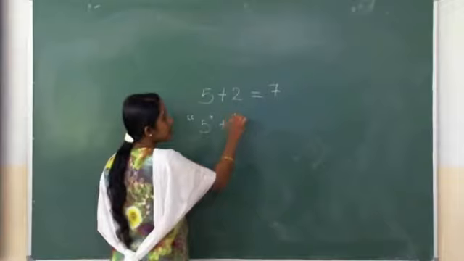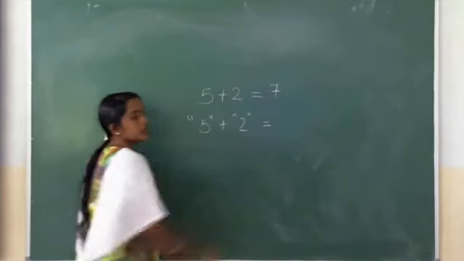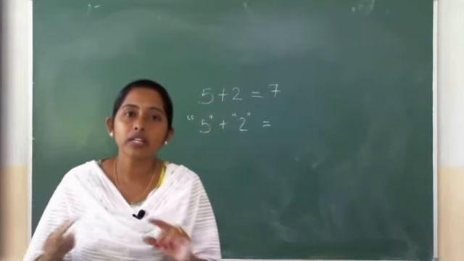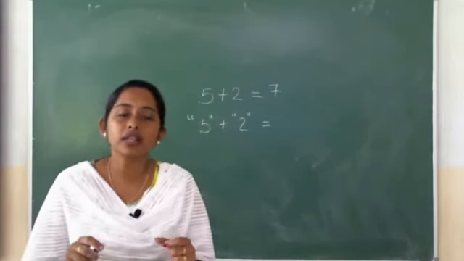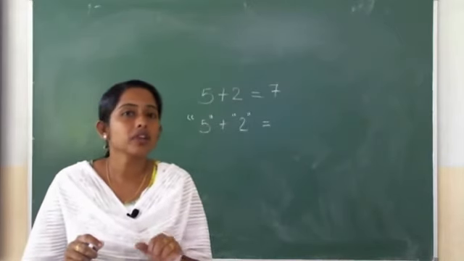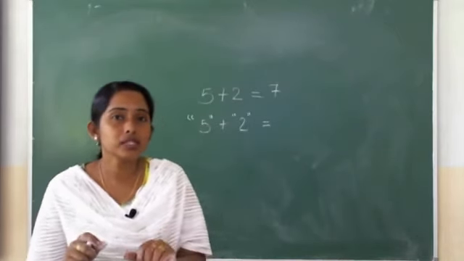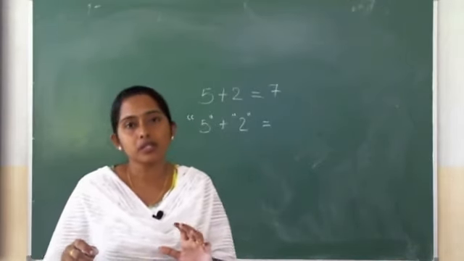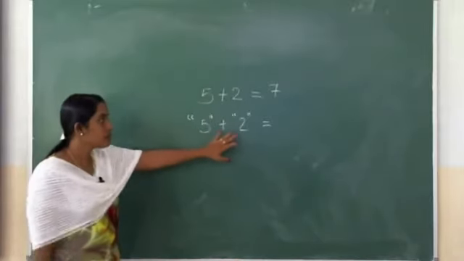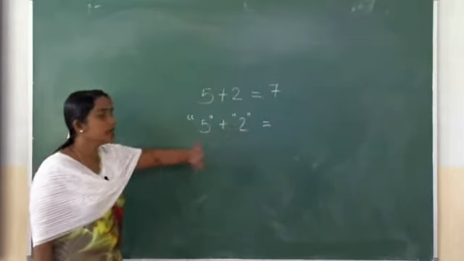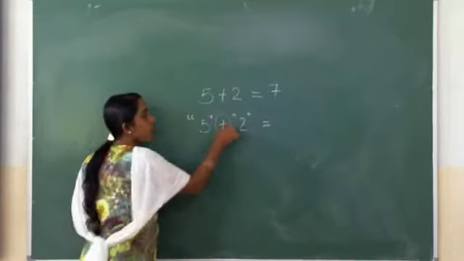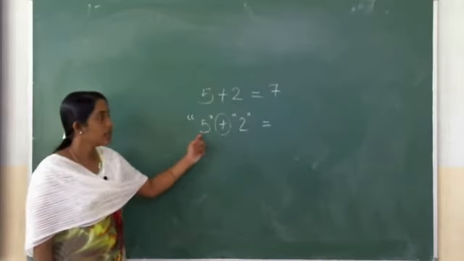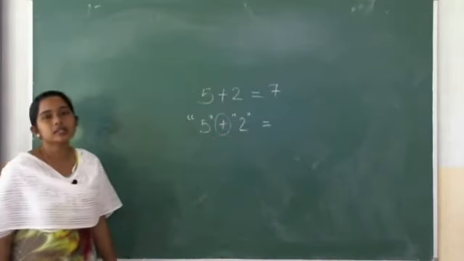"5" plus "2", what will be the result? While discussing the data type string, I told you whatever we write in double quotes will be treated as a string. So can strings be used for calculation purposes? No, it's not possible. So here, this plus operator in between the strings will append the strings.